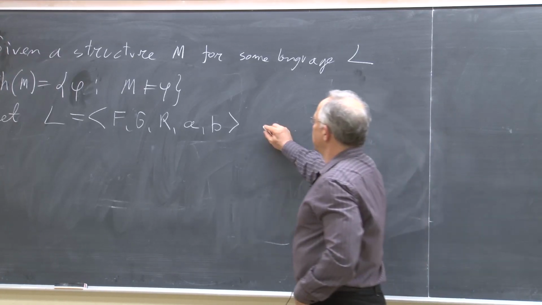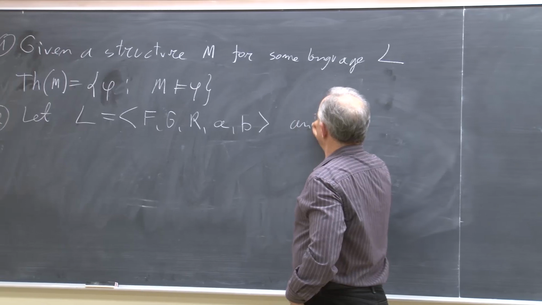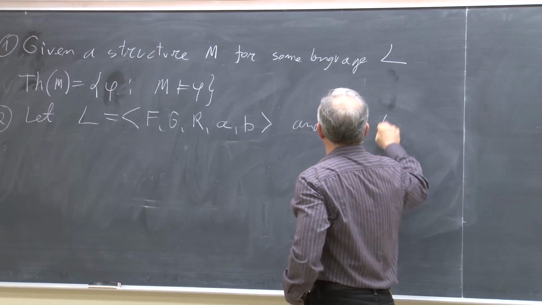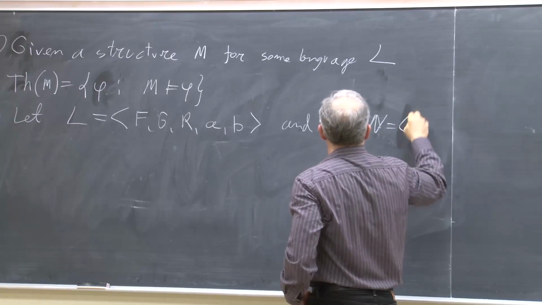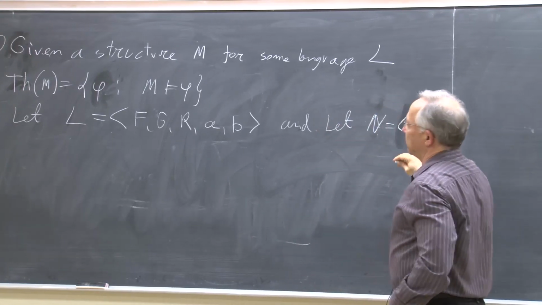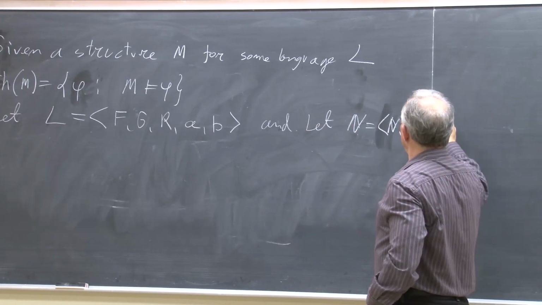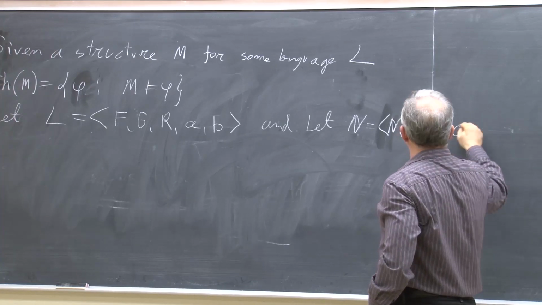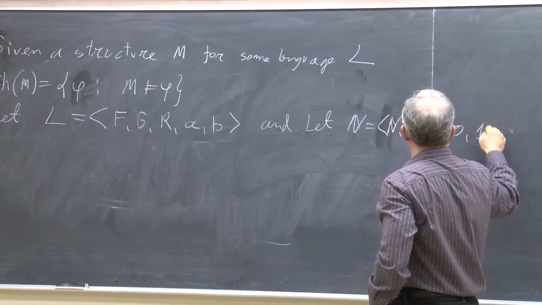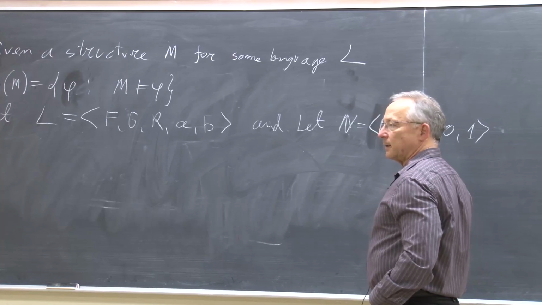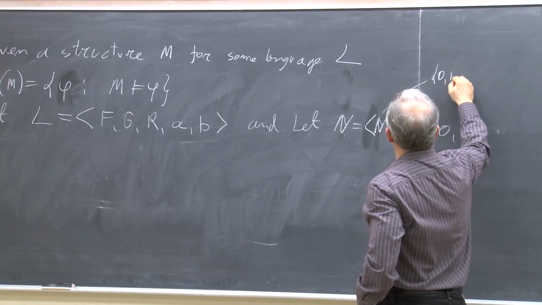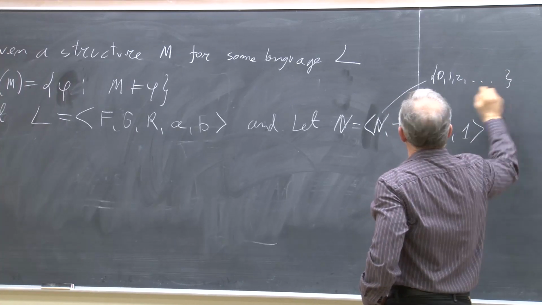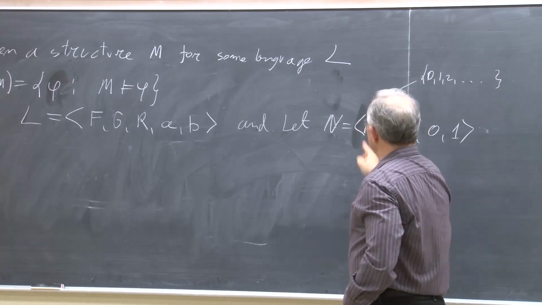And let N be the standard model of arithmetic, which is the natural numbers, and F is interpreted as plus, and G as times, A is 0, and B is 1. So this is the numbers 0, 1, 2, and so on. This is my universe.